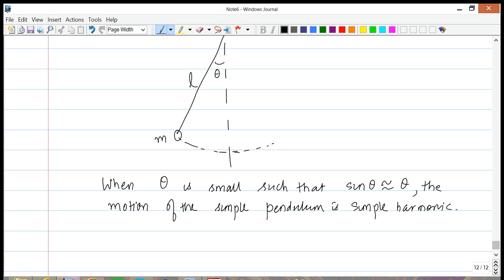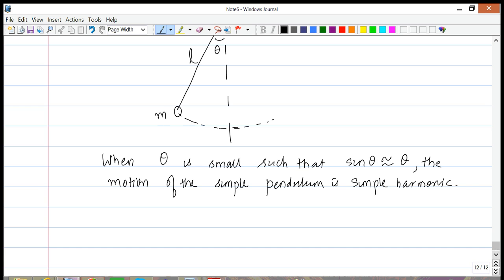We'll show you. We'll obtain an equation showing that the acceleration is going to be linearly dependent on the distance traveled.